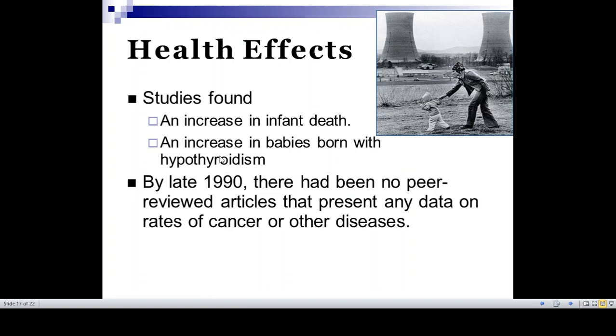The second thing, which was seen later, that means after many years, the accident took place in 1979, and it was observed in the 1990s that the infants, that means the babies which were born, were not normal. They were completely abnormal or partially abnormal. Some say that the babies were not mentally developed.